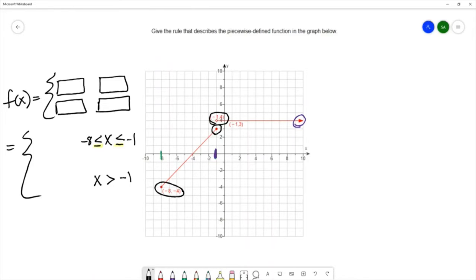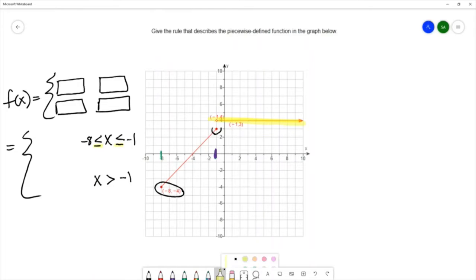Now we want to find the actual equation that matches these conditions. So I'll start with the easier one. The line that I've highlighted is a horizontal line.